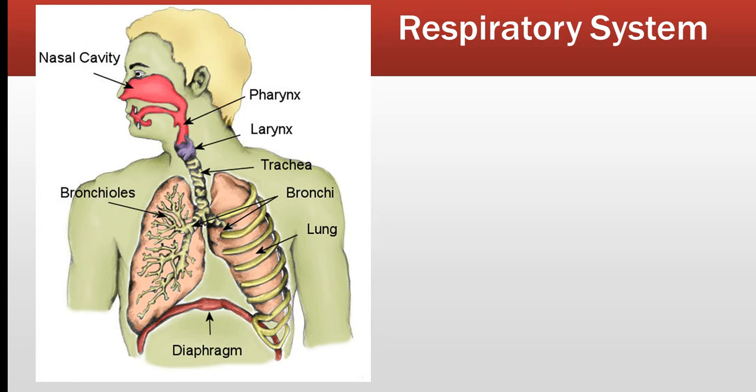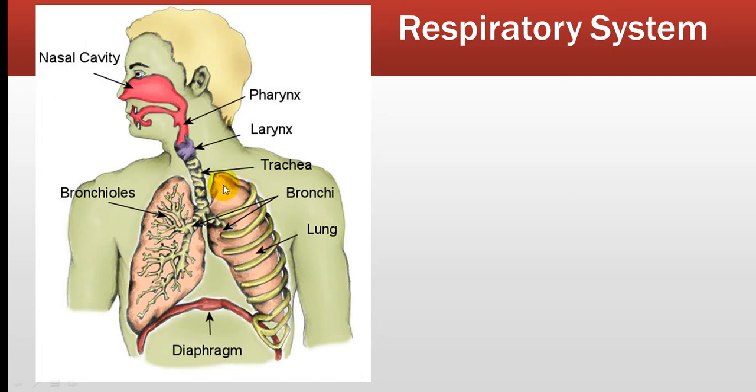Pretty cool stuff. Our trachea is a very strong tube that doesn't collapse. It stays open all the time because we need to be breathing all the time. It breaks off into what is known as the bronchial tree. Looks like a little tree in here. We have the large ones called the bronchi that then break up into smaller and smaller branches called the bronchioles. And those are in our two lungs.